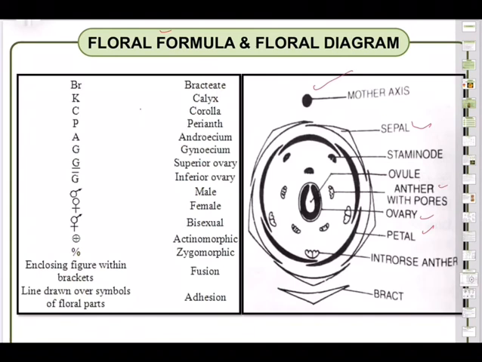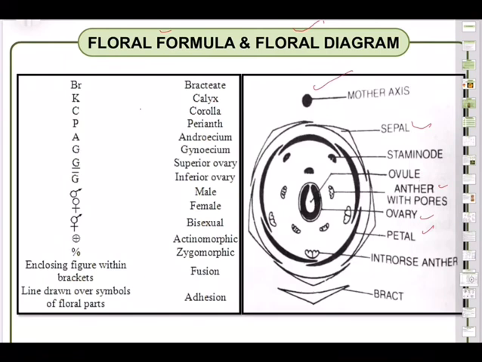And this way of representing the arrangement of all the parts of a flower is called floral diagram. This floral diagram is based on the floral formula. So using these signs or symbols we write the floral formula. Based on floral formula we can easily draw floral diagram.